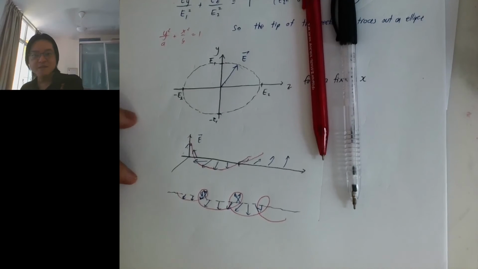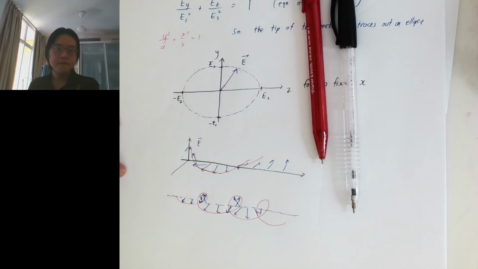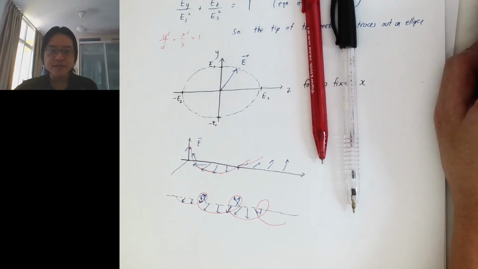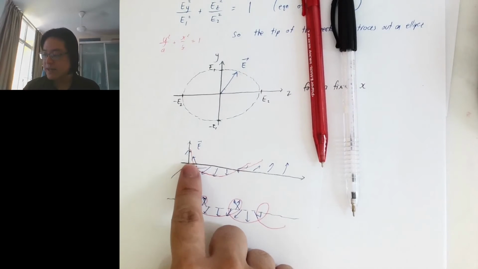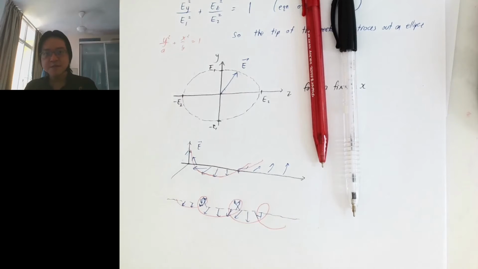Something like that. Okay, so this line is actually joining the tips of the arrow, and then we follow all the arrows and we get this elliptical shape.